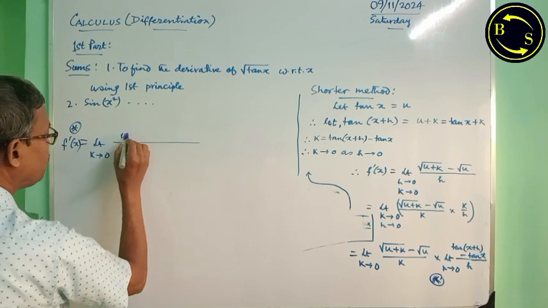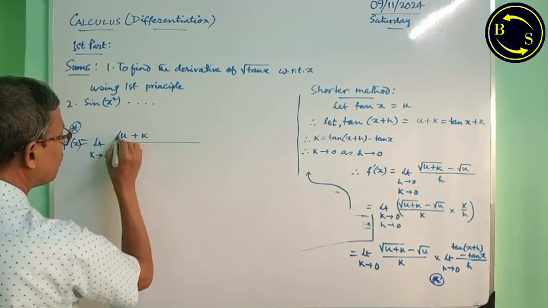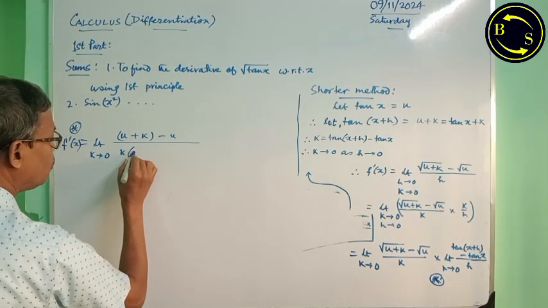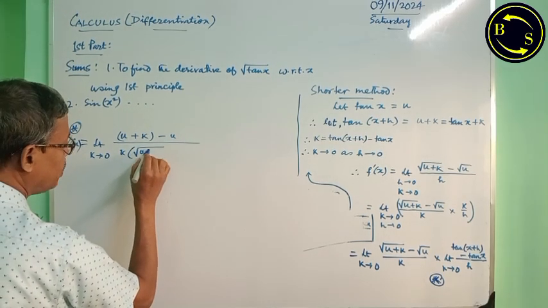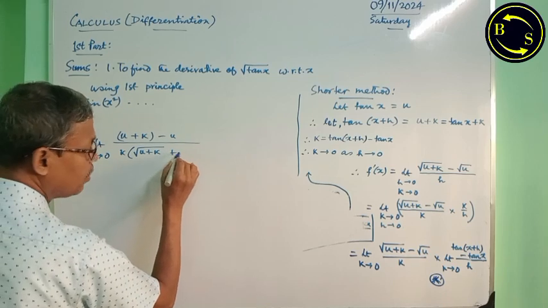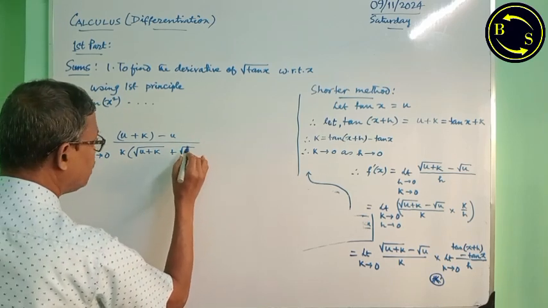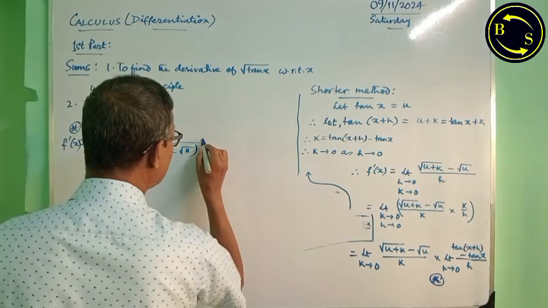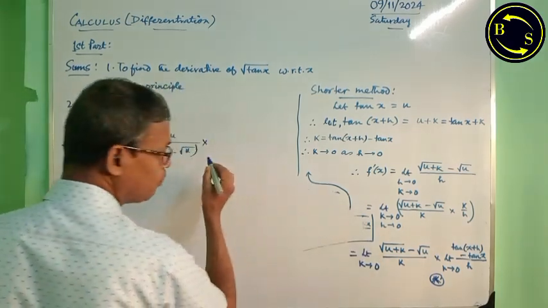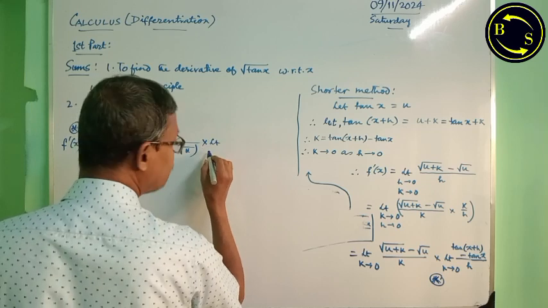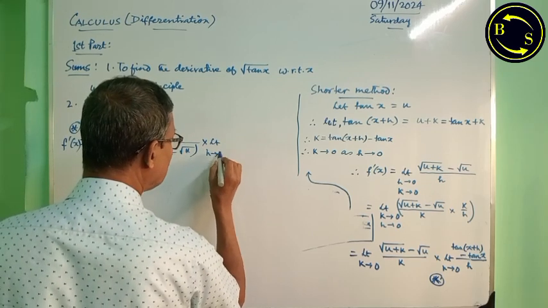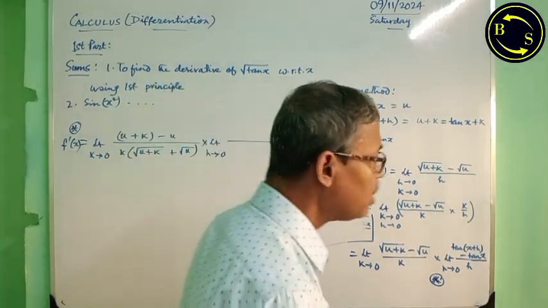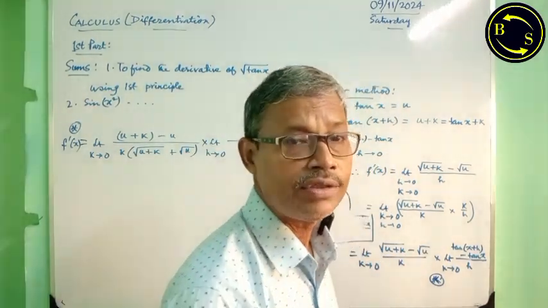After rationalization, it will be u plus k minus u, over k into under square root u plus k plus root u. And for this we have to proceed as discussed earlier, that means expressing tan theta as sin theta by cos theta.